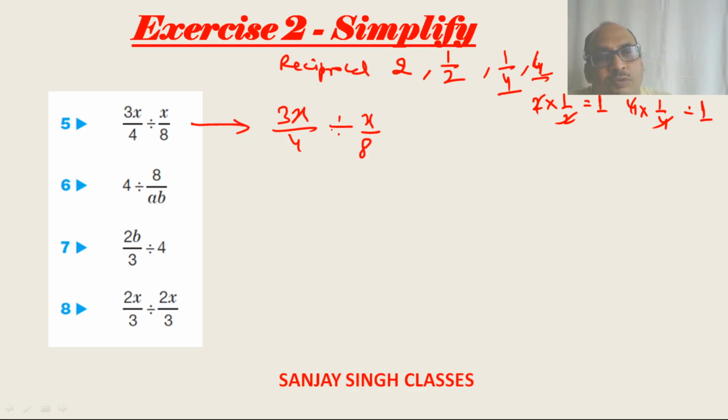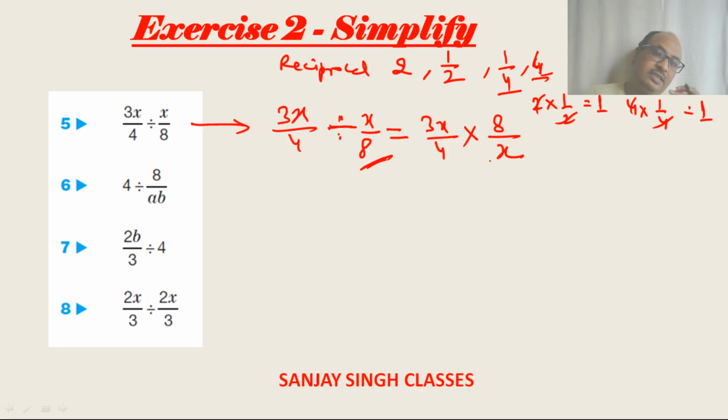So 3x by 4 divided by x by 8, which we are going to convert into multiplication. The moment we convert this division into multiplication, the next fraction, this x by 8, will become its reciprocal. So it will be 8 by x, just its opposite. Okay, right. Now in this case we will be cancelling, then 4 into 8 and 3 into 6.